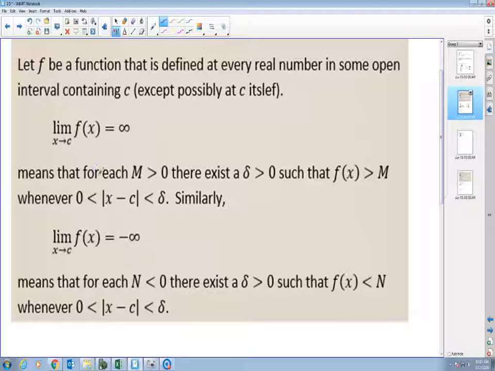What that means is, for each M bigger than 0, there exists a delta that is also positive, such that f of x is greater than M whenever x is between 0 and delta away from c.